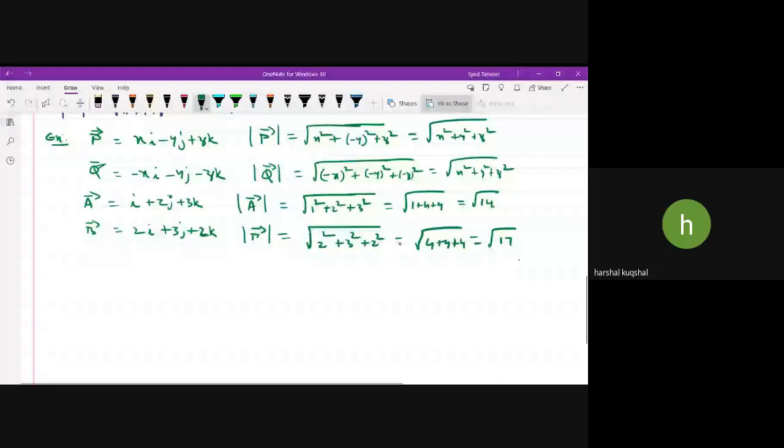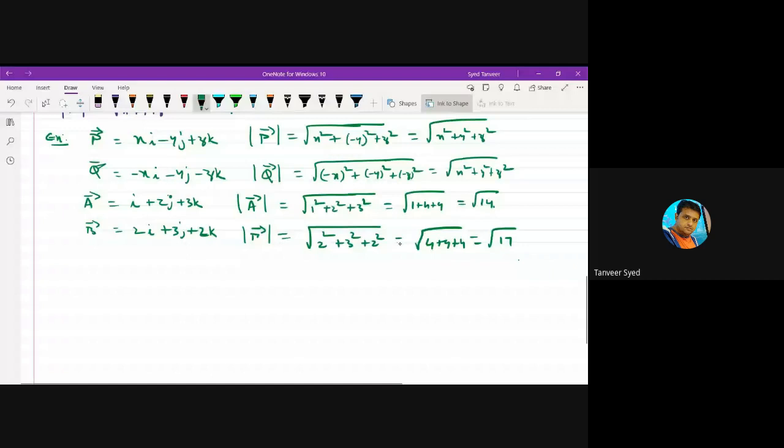Yes, just a minute. So if, let's say, you have vector C equal to 2i plus 2j plus 2k, that will be root of 2 square plus 2 square plus 2 square, which is 3 times 2 square, 2 root 3. Yes, sir, 2 root 3. Okay.